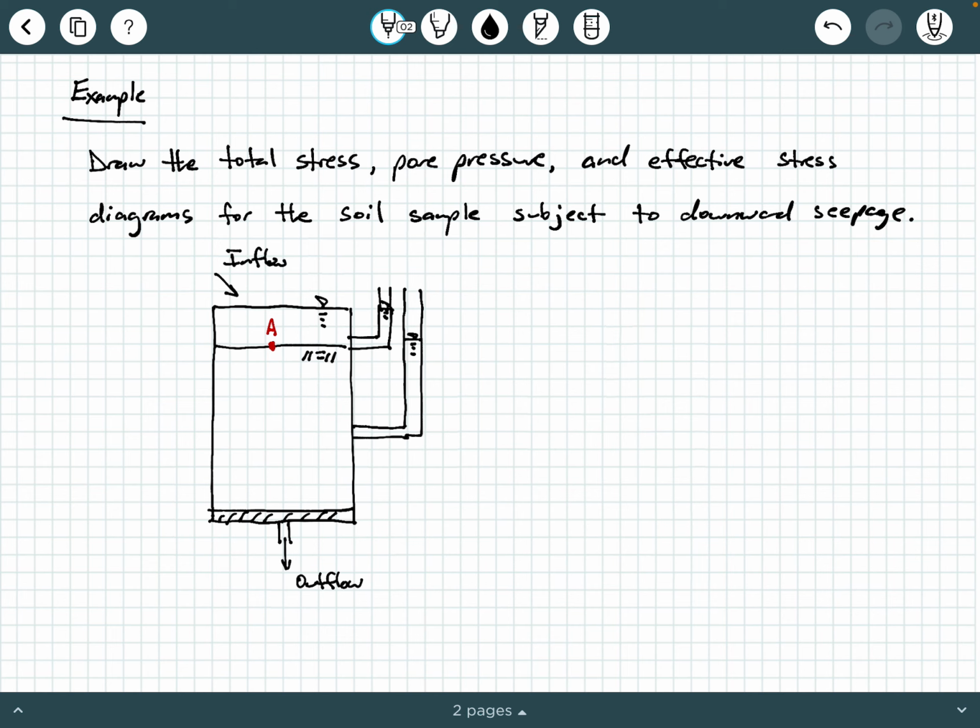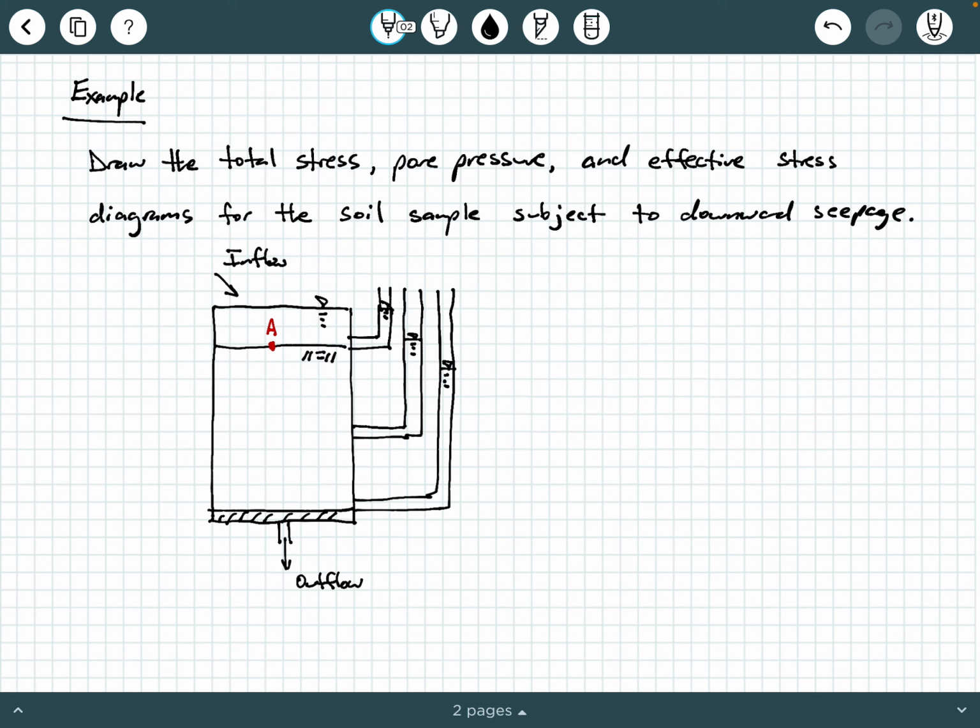And then we're going to install a third piezometer at the base of the sample. And this will yet again be a lower water level.